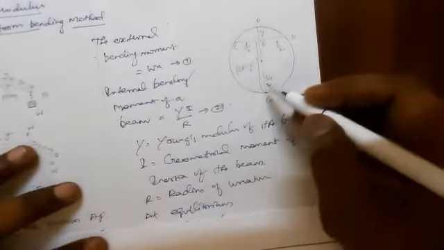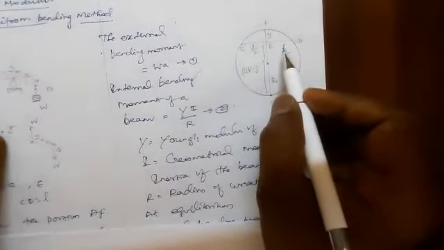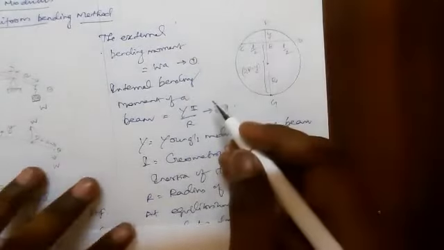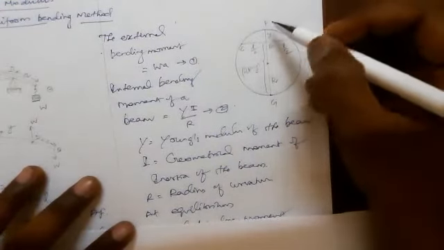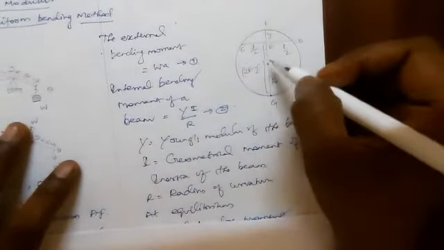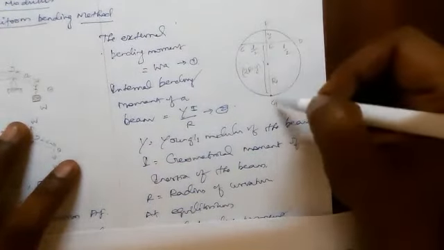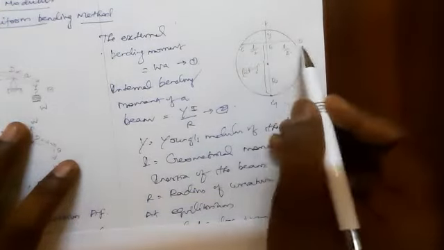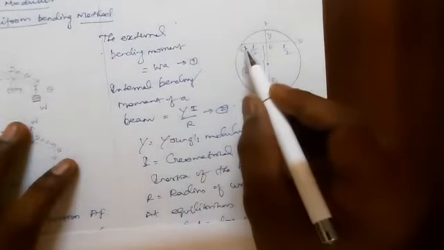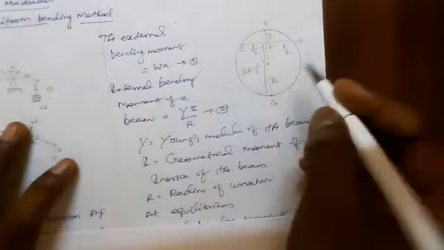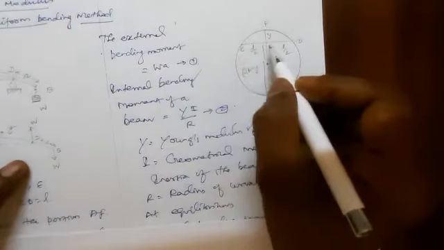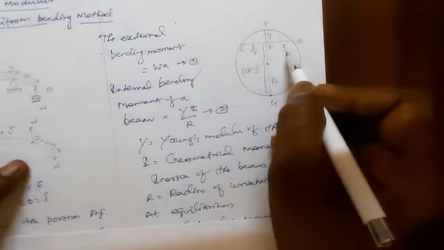In this circle, CD is the distance between two knife edges, L, and EF is the elevation produced here, Y. This FG chord and CD chord intersect each other. The FG chord cuts CD at its midpoint. Therefore, CE is L by 2 and also ED is L by 2.